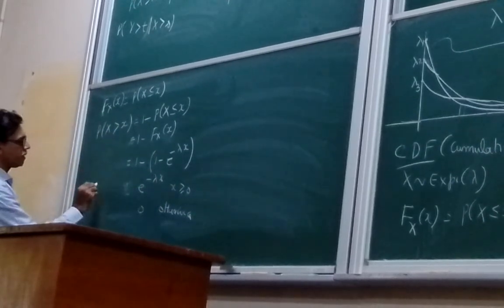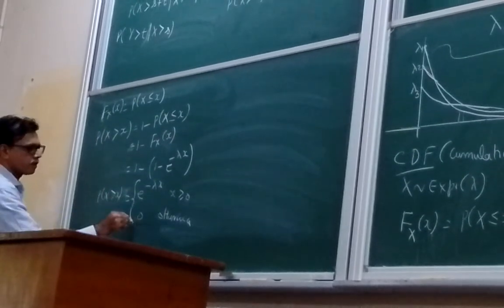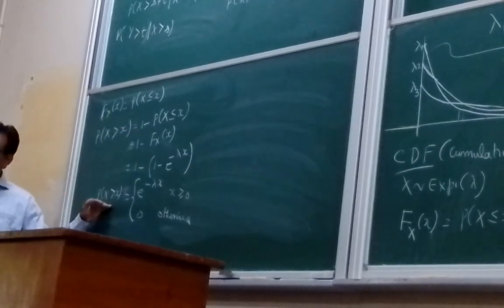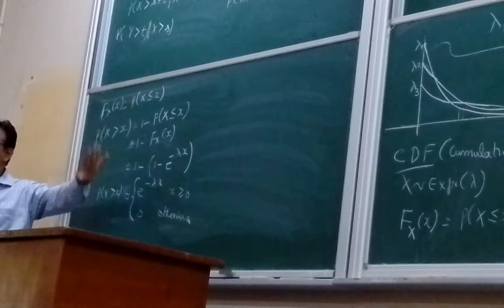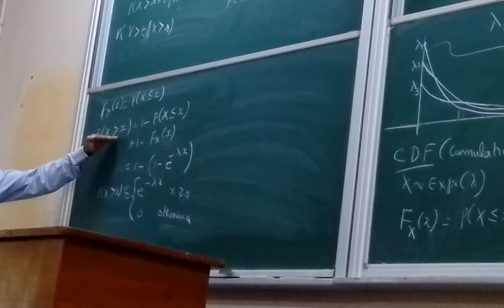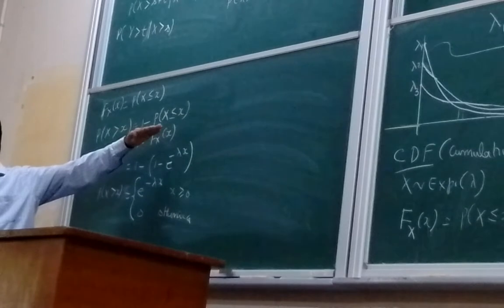So this function is given by this. And this function will be of use in dealing with many problems. What this function is, it is complementary to this CDF, because it is 1 minus CDF.